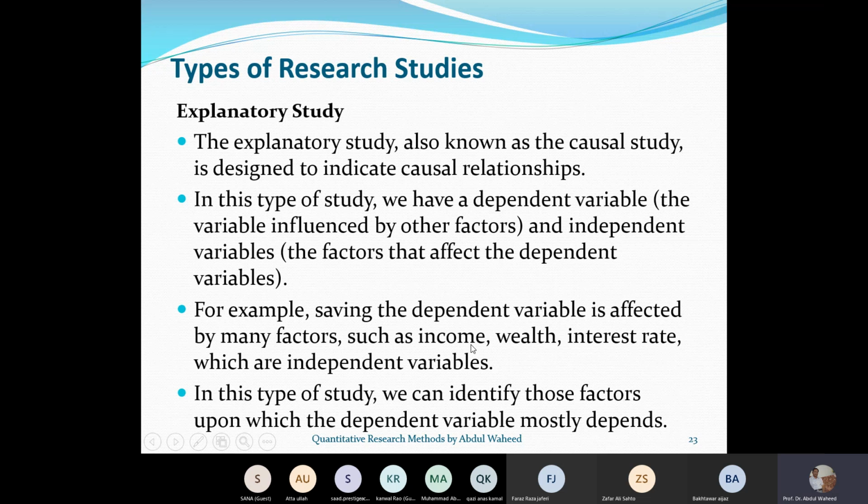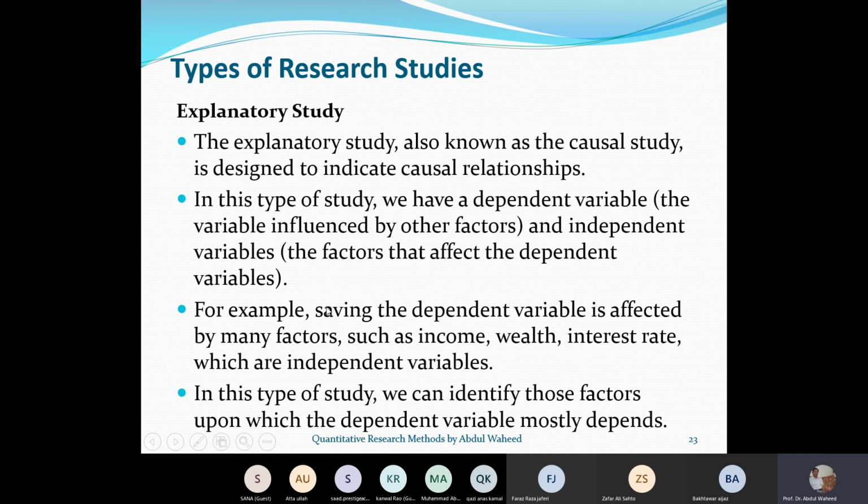So income is a core variable. Then we have additional variables, interest rate and wealth. So what would be the direction of causality? When income increases, saving will also increase. So this means we are expecting a unidirectional causality from income to saving.